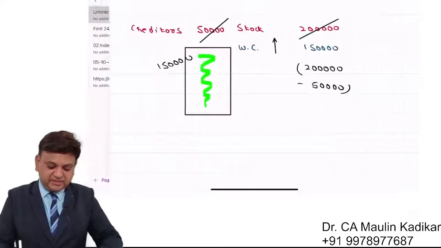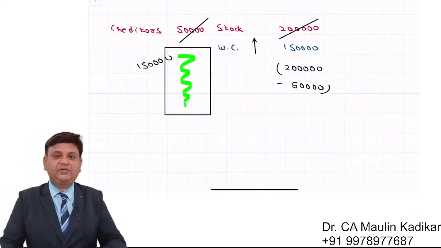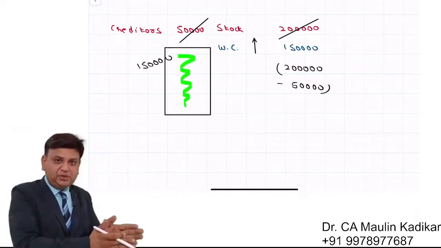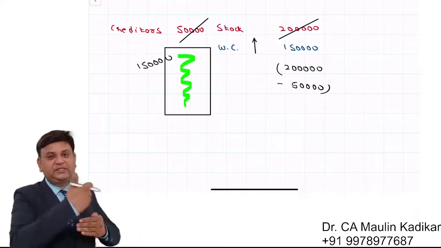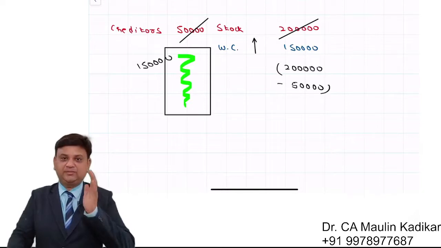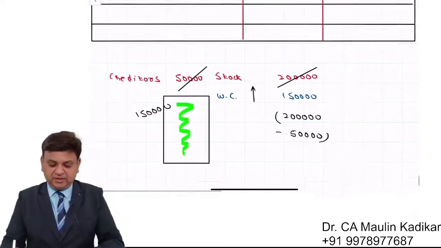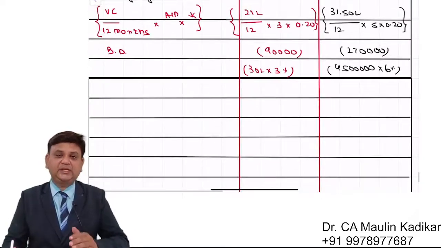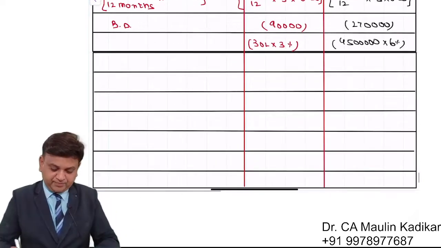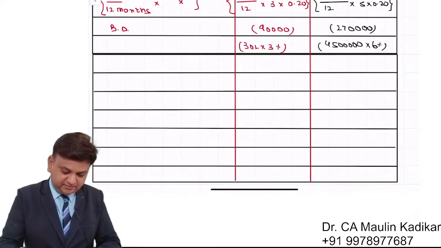This amount could have been invested somewhere else and we could have generated some return. Whatever opportunity cost we have for investing the funds somewhere else is supposed to be recovered from the new policy which we are implementing. So we will mention something like this.